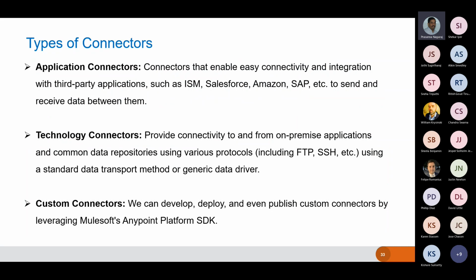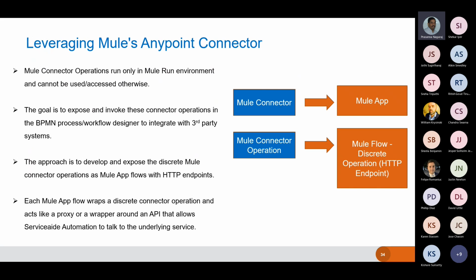There we saw the types of connectors available in Mule, mainly the application technology and custom connector using the SDK. We also did a session on creating a new Mule app, and that's how you will create the Mule flow and configure discrete operations.